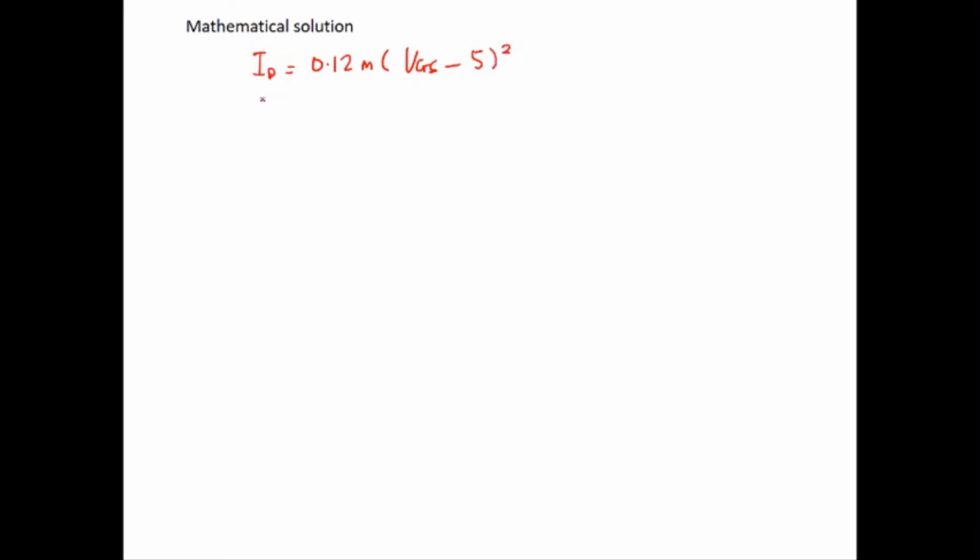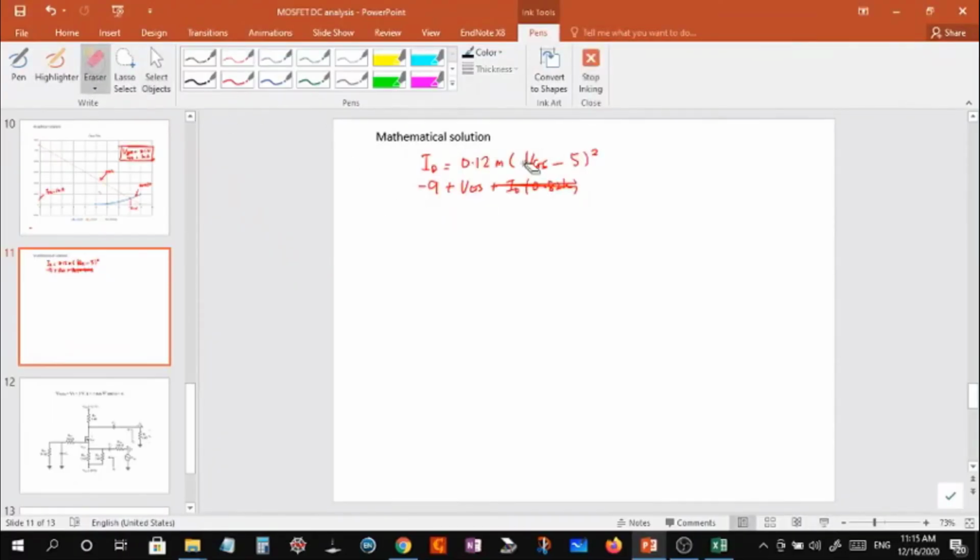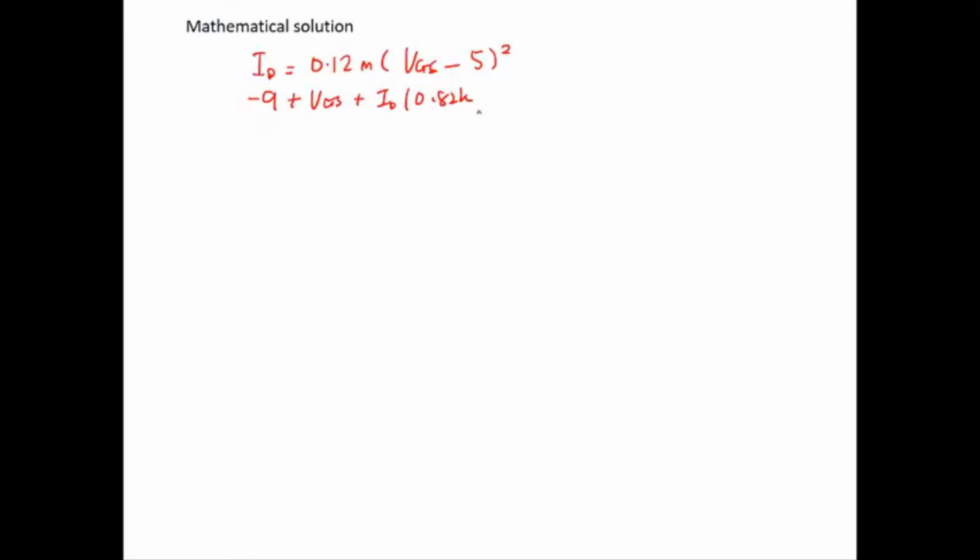And then the second equation is from your KVL: minus 9 plus VGS plus ID times 0.82K equal to 0. The first procedure, you want to have an equation as a function of VGS only. So from equation number 2, you define ID. ID is 9 minus VGS over 0.82K. This is your equation 2A. So 2A is inserted into equation number 1.